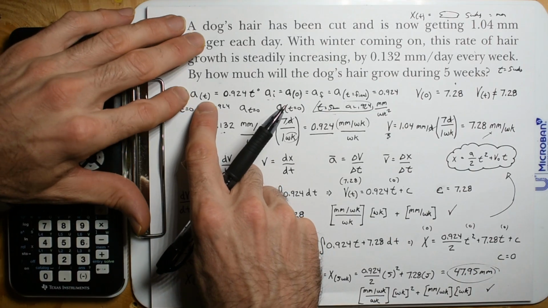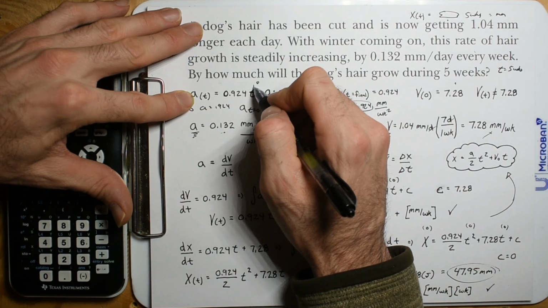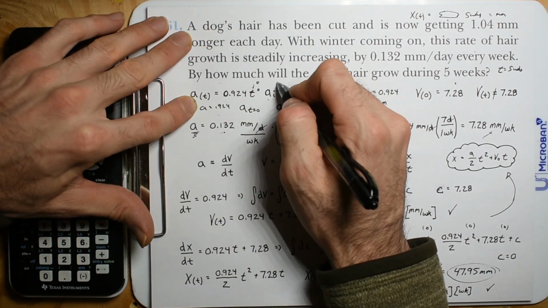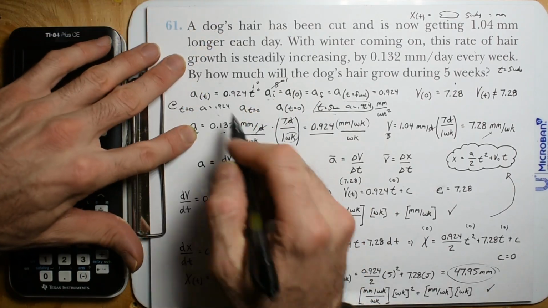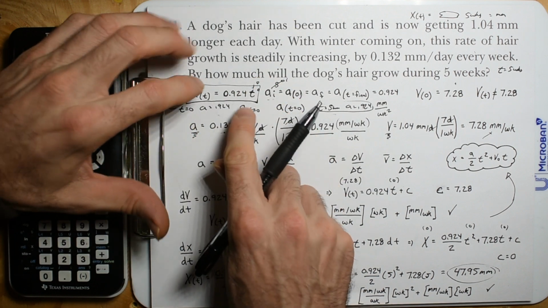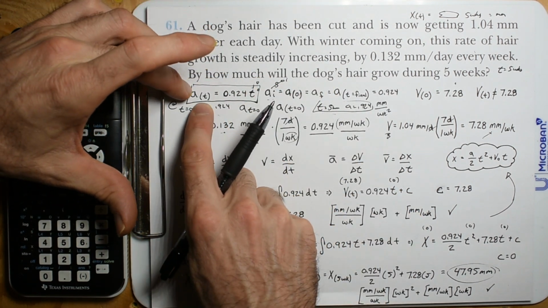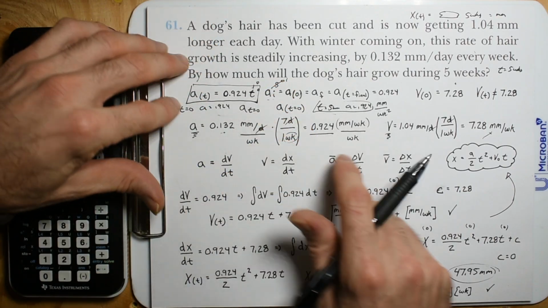But if I throw in time of 1 week, 1 to the 0 is 1, and this value of acceleration doesn't change. If I say 5 to the 0, that's 1, and this value of acceleration doesn't change. So I find that a useful thing to do, especially when I have a constant, always be reminding myself: is this an equation? Is it an equation that is a function of time?